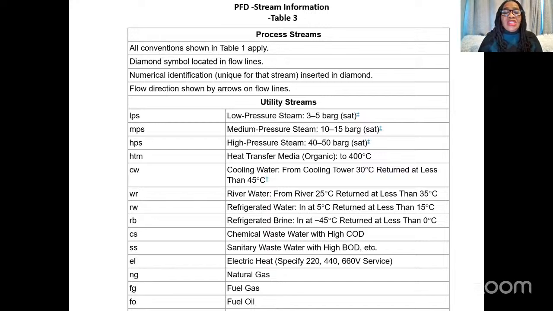So these are the different utility streams and their symbols and identification letters. LPS is low pressure steam. CW is cooling water. RB is refrigerated brine, and so on. These are the utility streams that you will find there.